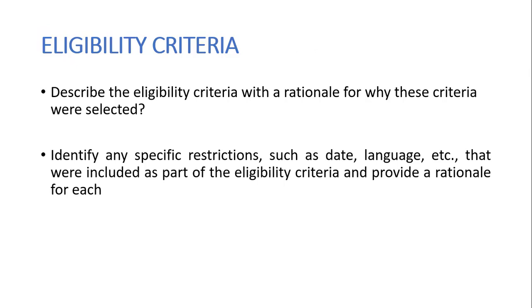So you have to identify if any specific restriction is there. If you want to do the scoping review for the last 10 years of literature, you can put the restrictions on the date. You may want to consider only those articles which are published in the English language. That can be done as part of the eligibility criteria, and you provide a rationale for each.